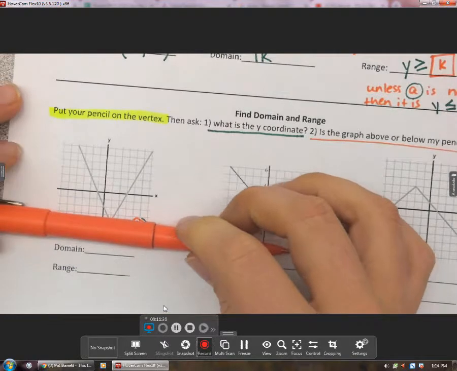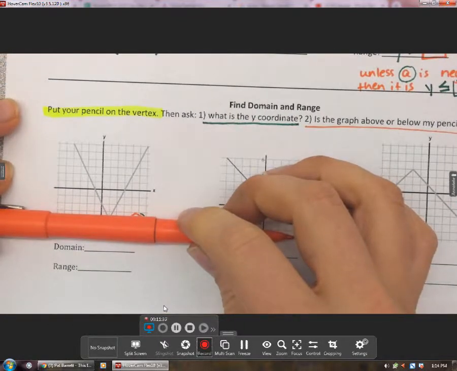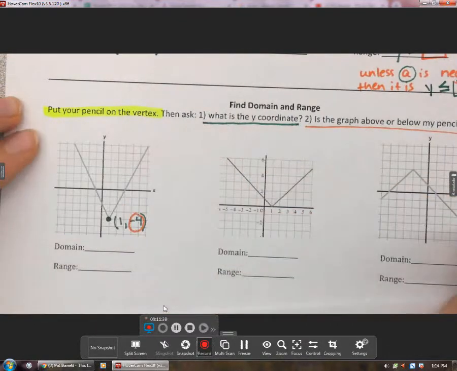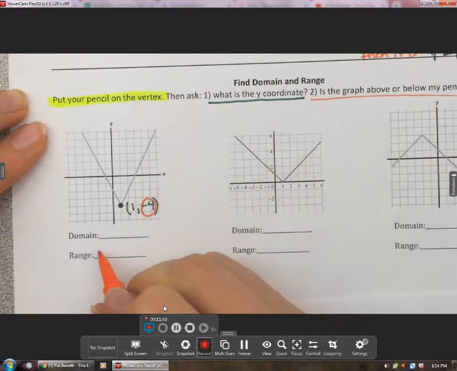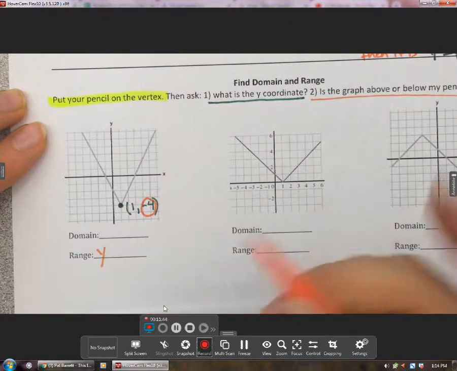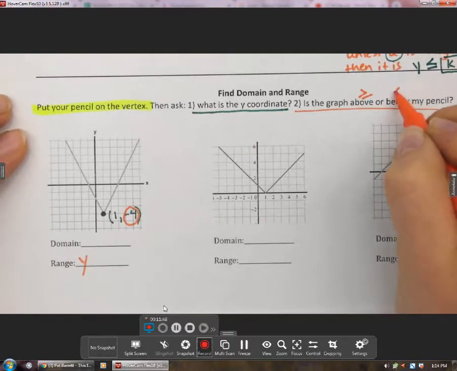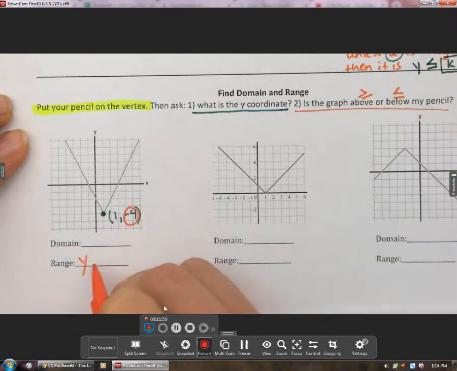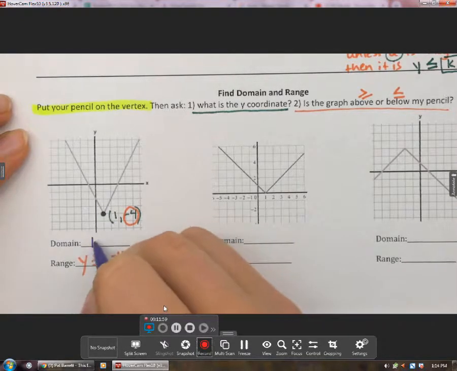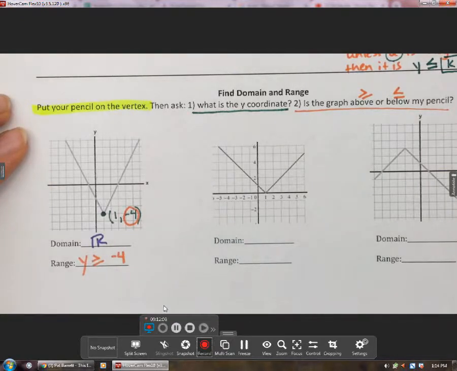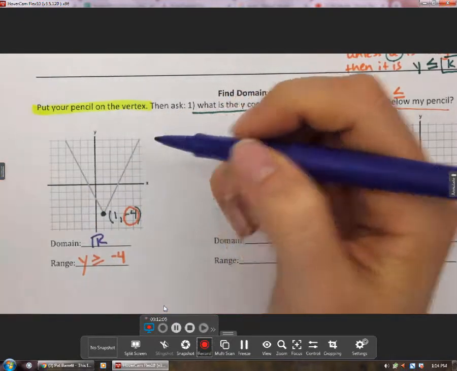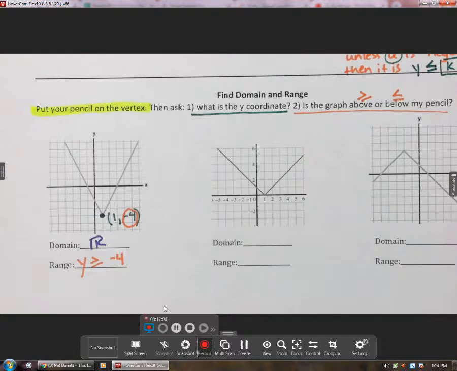So here's my pencil. The graph is above. So the range is y. Since it's above would be greater than or equal to. Below would be less than or equal to. Y is greater than or equal to negative 4. The domain is always all real numbers. You can plug in anything you want for x.